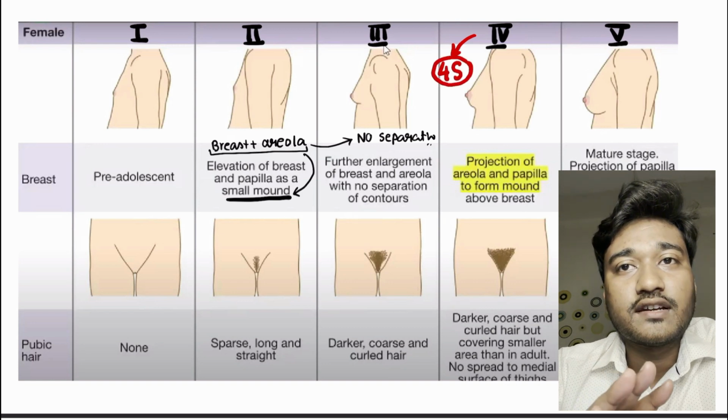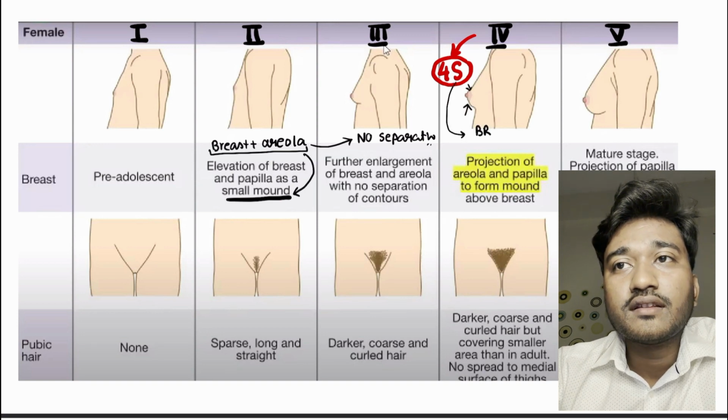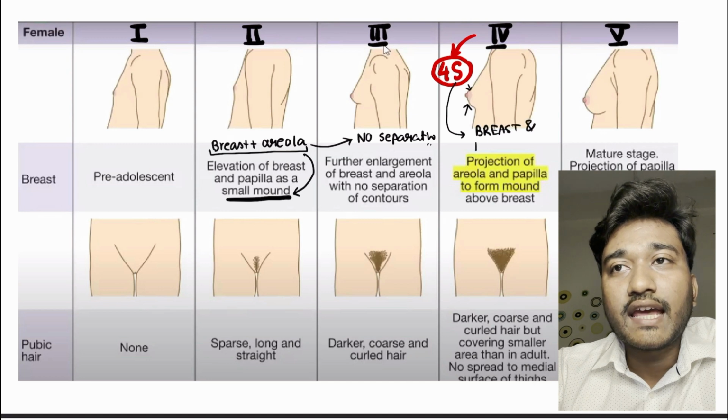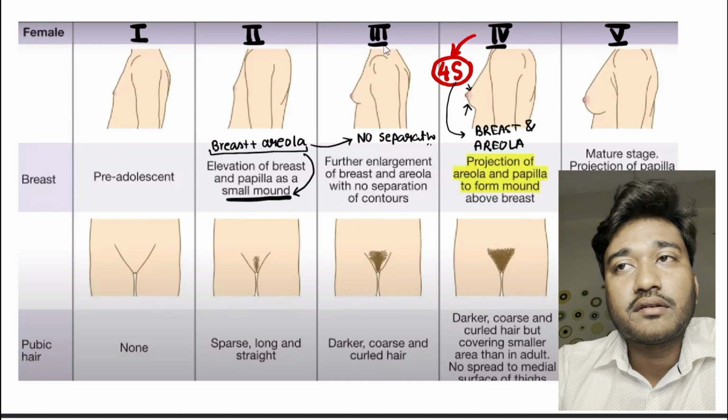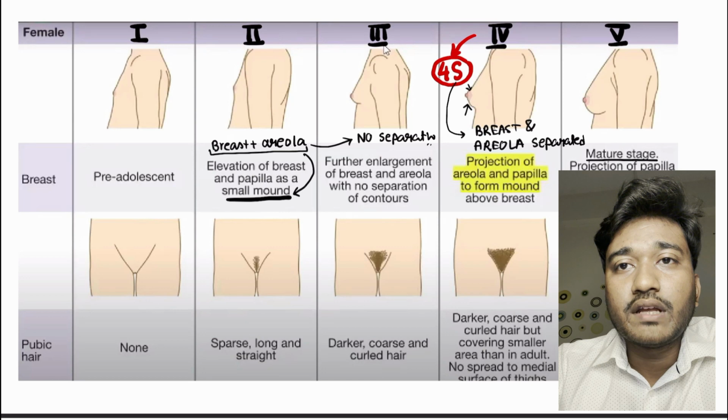In stage 1, that is pre-adolescent. Stage 2, it's like a small mound. Stage 3, further development. But in stage 4, there is separation between the areola and the breast tissue. And stage 5 is a totally mature adult breast. Now for pubic hair development in females, you have to remember one formula, 3C.